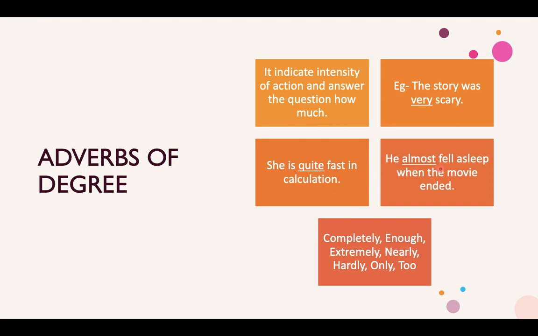He almost fell asleep when the movie ended. So almost shows how sleepy he felt. So these words like completely, enough, extremely, nearly, hardly, only, too, express degree, intensity of an action. So all these are adverbs of degree.